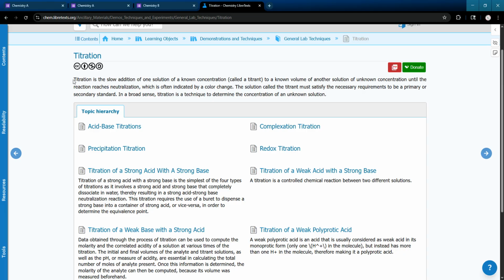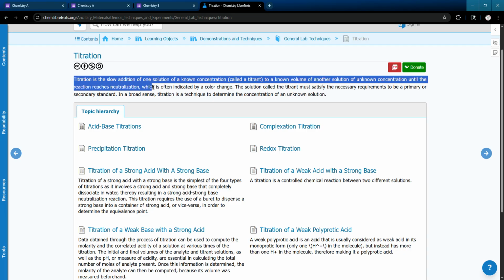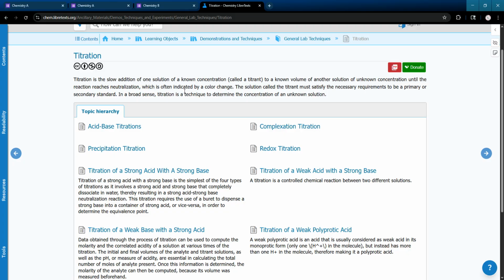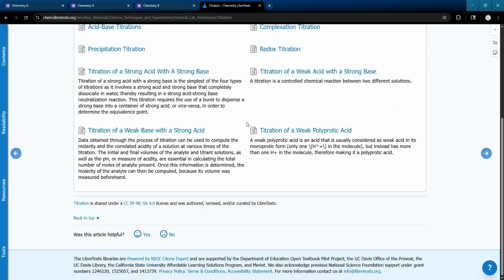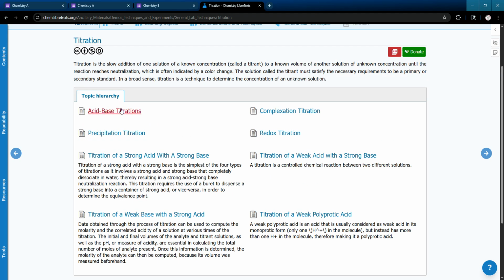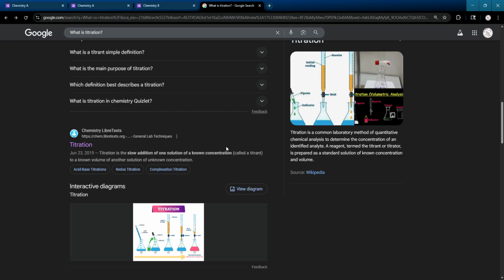Titration is a slow addition of one solution of a known concentration called titrant. So I guess it's an addition of one solution of a known concentration. Slow addition.